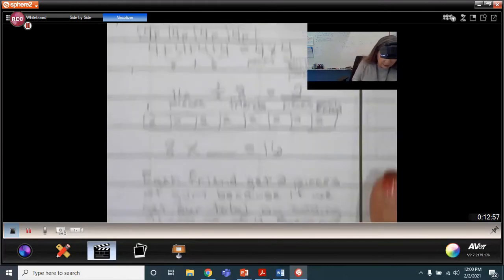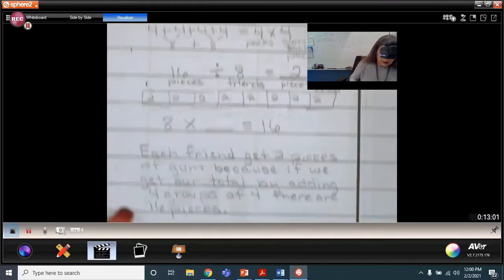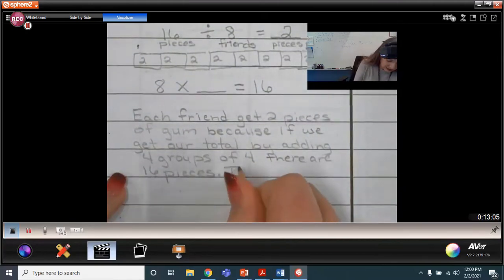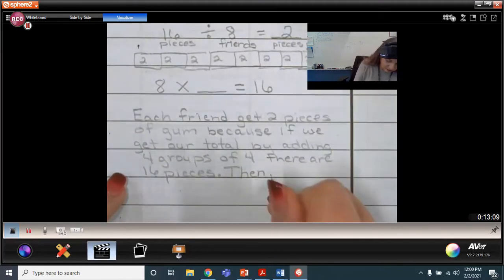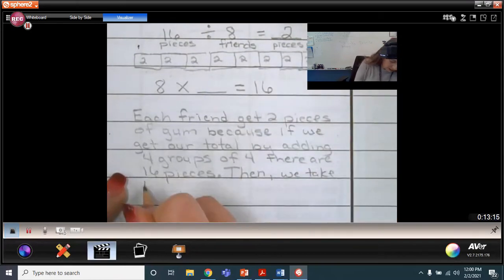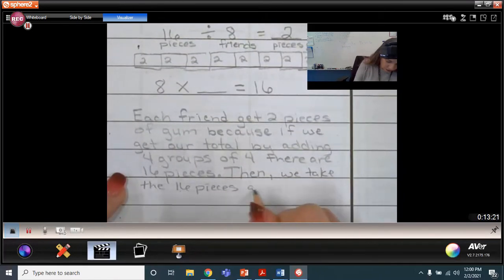So our first step is here. So we've already stated our first step. Now we can go to the next step and say next or then. It's almost like writing a paragraph. Then we take the 16 pieces and share them equally by dividing, right?